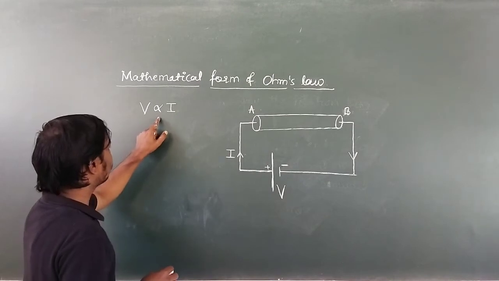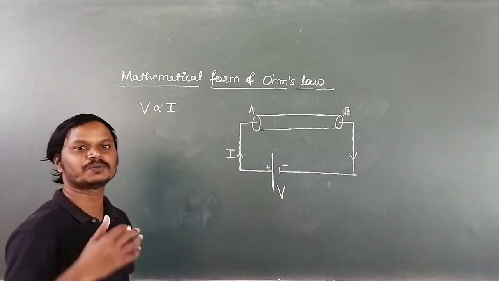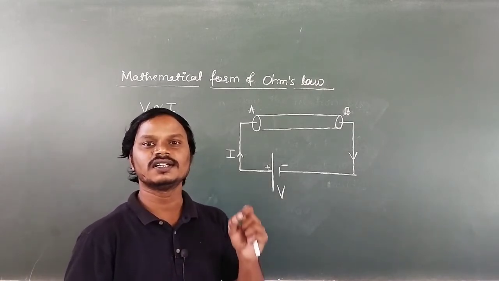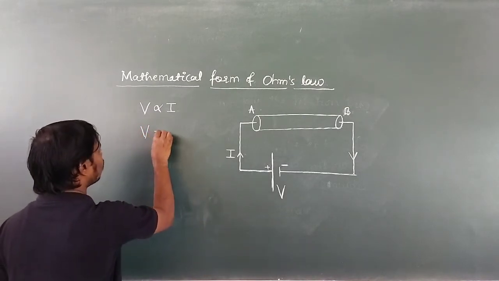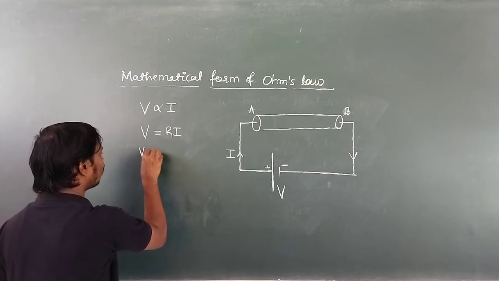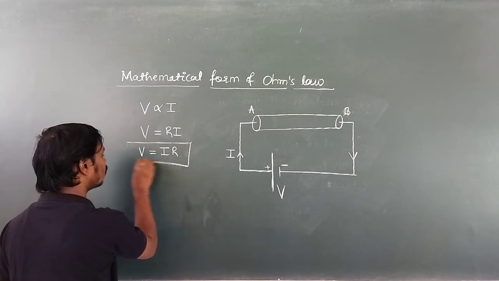Now V is directly proportional to I. We are going to remove the proportionality by using a proportionality constant. That proportionality constant is called the resistance of the conductor. So V is equal to R into I. Otherwise you can write V is equal to I into R. So this is the mathematical expression for Ohm's law.